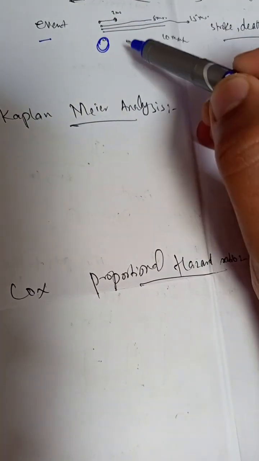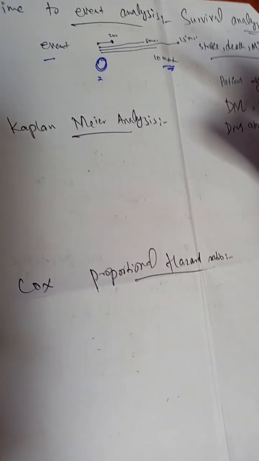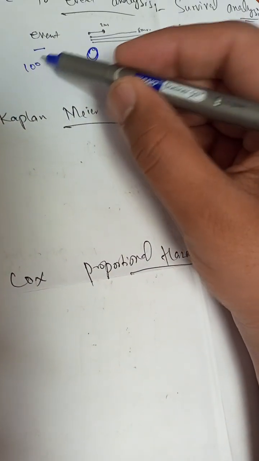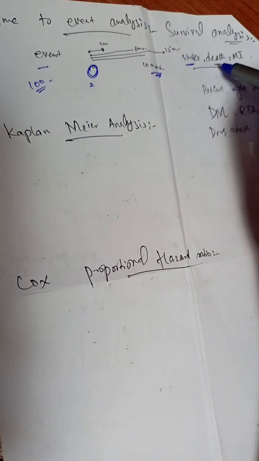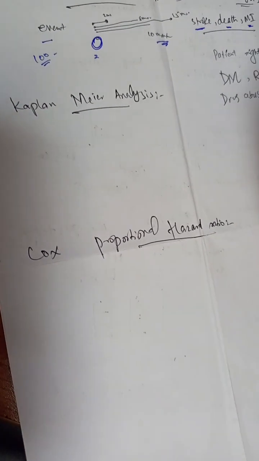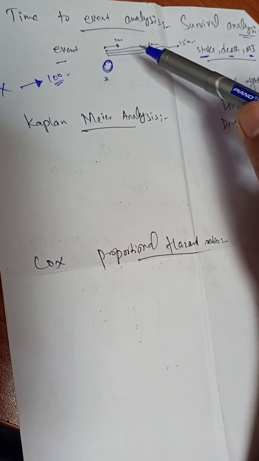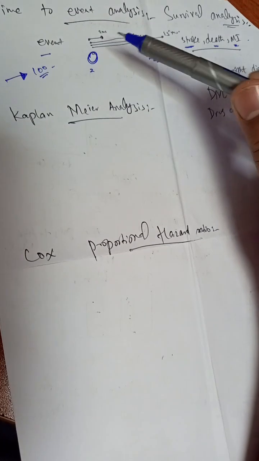Like if we take a time period for our experiment from 0 to 10 months, and we want to know, out of these 100 patients, how many will get stroke, how many will die, and how many will have an MI if we give the drug X. So there is a possibility that the patient may suffer from stroke, death, or MI, unfortunately.